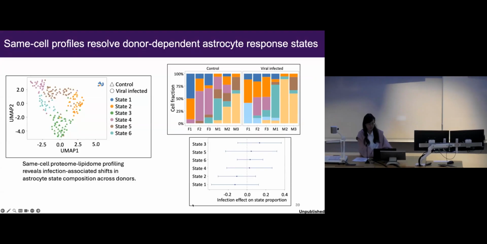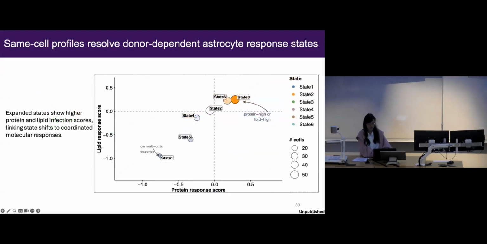The expanded states tend to show higher protein and lipid infection-responsive scores, which links a shift in the cellular state composition to coordinated molecular change. So you can see the trajectory here. The main takeaway is that our single-cell multi-omics can reveal those donor-dependent astrocyte response states as well as their trajectory.